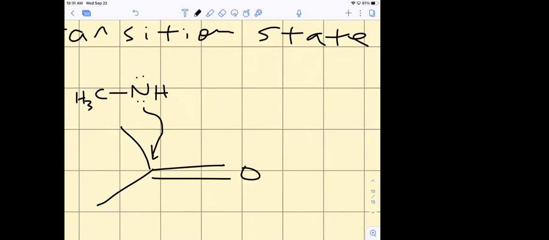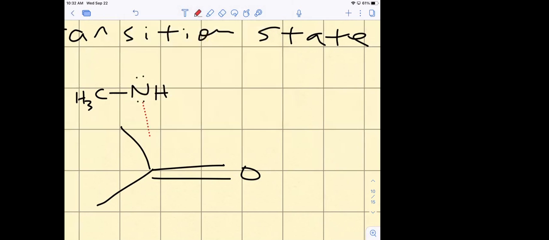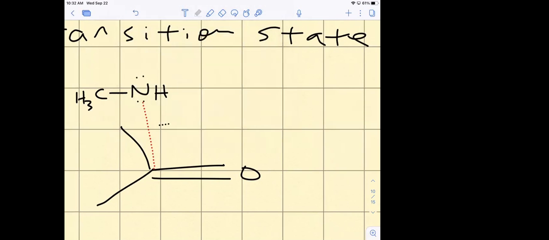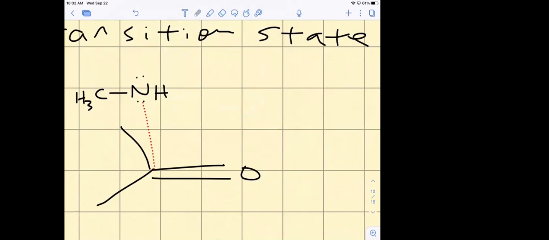So we already put the arrows in. What we'll have here is a partially formed bond between nitrogen and carbon. This is partially forming.